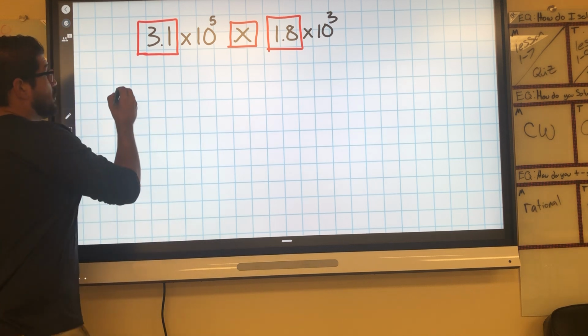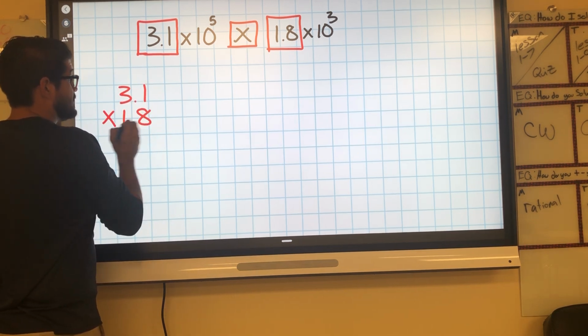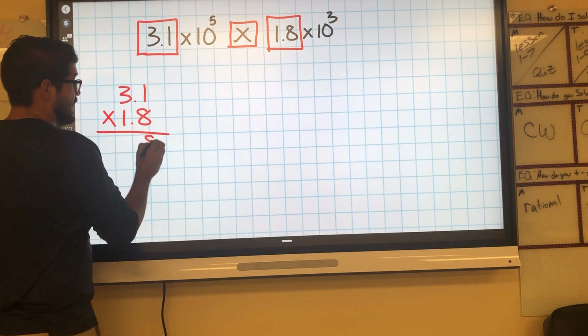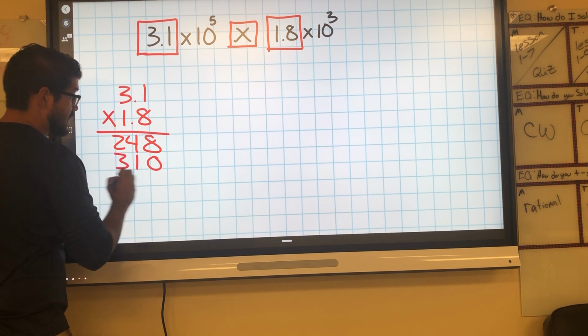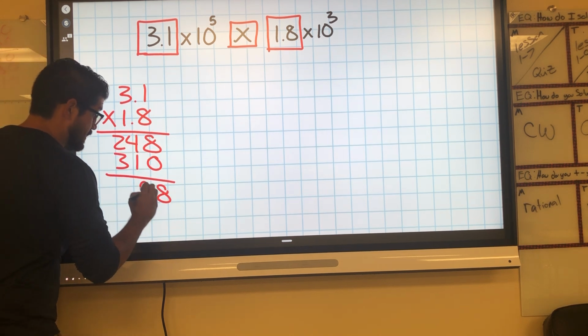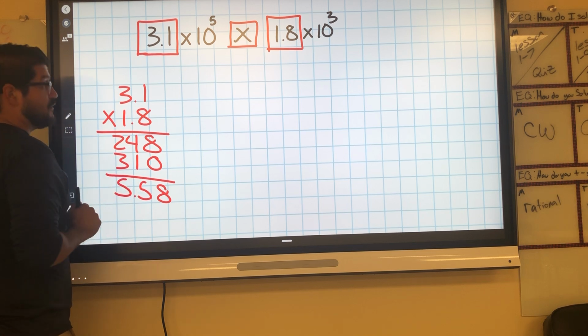And we're actually going to do what it says in the center. Multiply. So 3.1 multiplied by 1.8 is going to give us, that's 8, that's 24, add a 0, that's 1, 3, that's going to be 8, that's going to be 5, that's going to be 5. So our answer is 5.58.